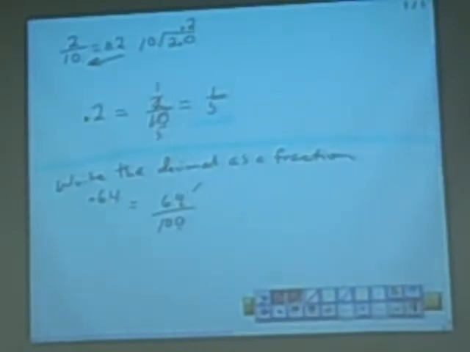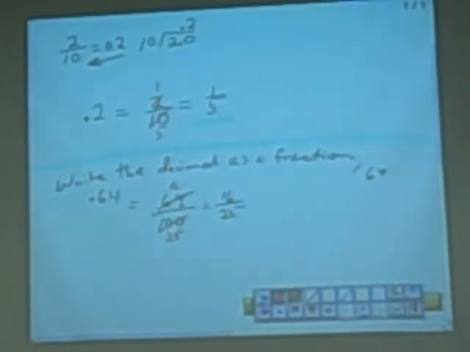Well, 4 divides into 64 how many times? Well, let's see, 64 divided by 4 is 16, right? So 4 goes into 64 16 times, 4 goes into 100 25 times. So we can say that this answer is simplified to 16 over 25.